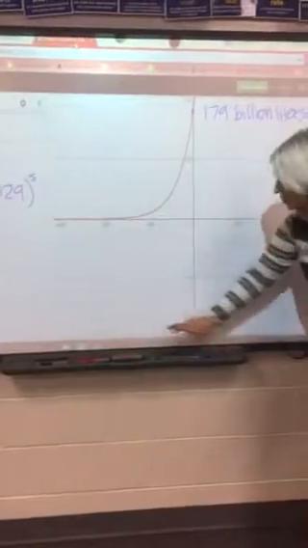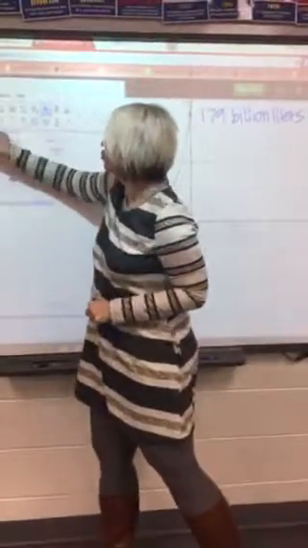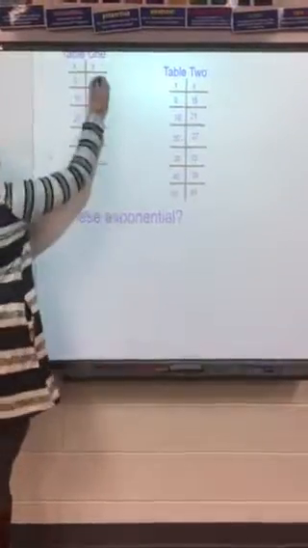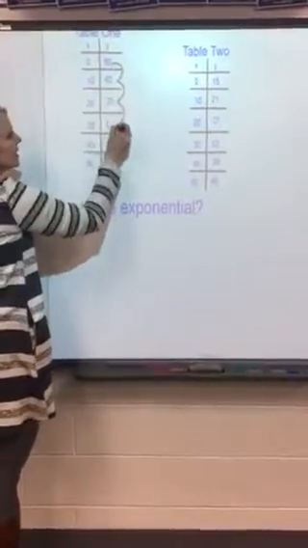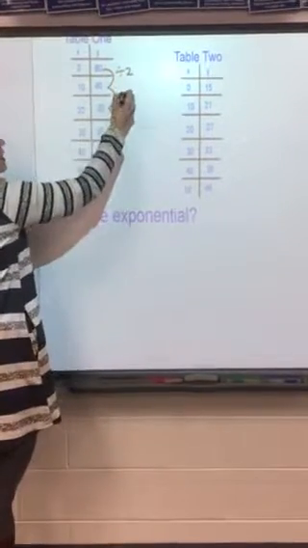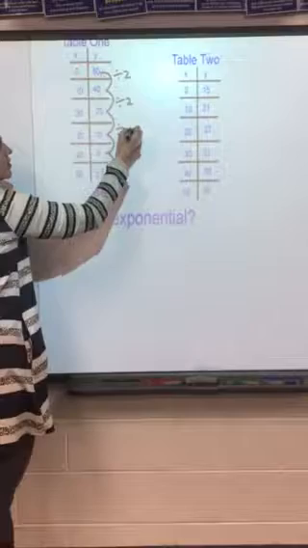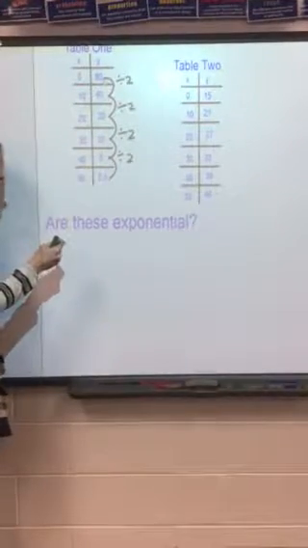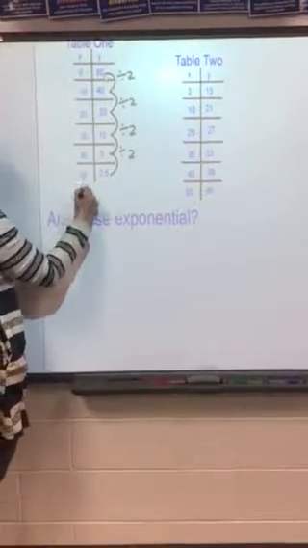The last thing that we're going to look at is exponential growth. If you look at this table, we can see as we are decreasing here, this is divide by 2, divide by 2, divide by 2, divide by 2. That is what we call a common factor, and this is going to be exponential.